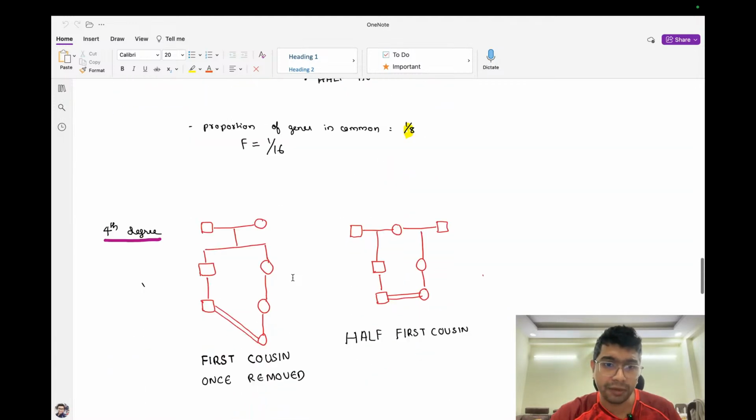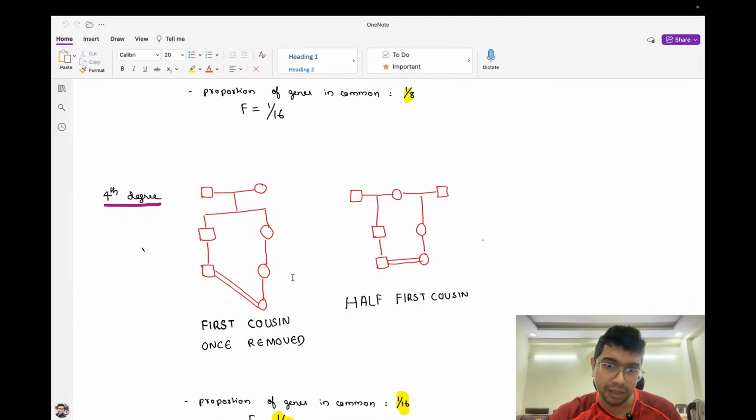Coming to fourth degree, again the common ancestor is moving further. This is half first cousins or first cousin once removed. That is, previously the relation was between these two individuals. That means first cousins. However, in this pedigree, that is the fourth degree pedigree, this is first cousin once removed.